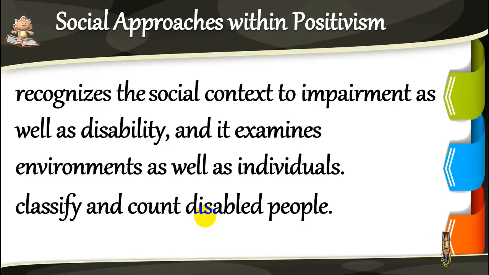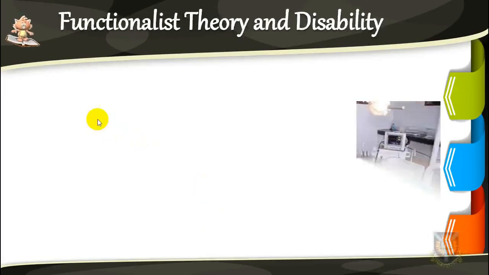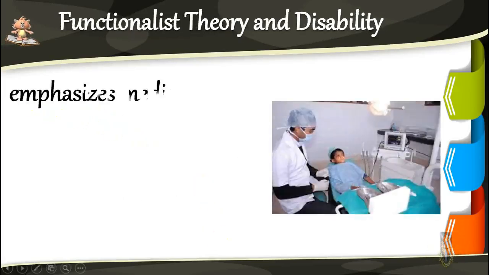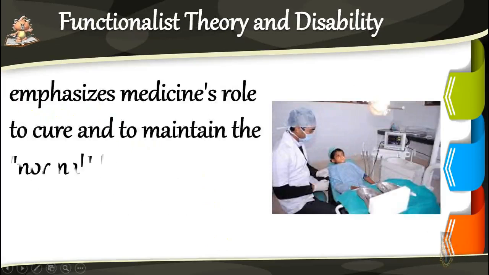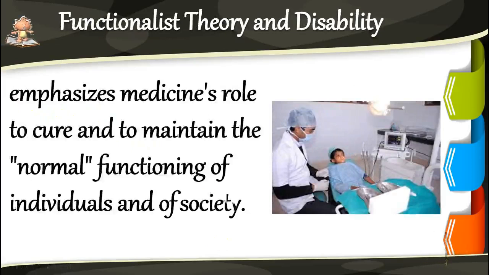Functionalist theory and disability. Influential functionalists emphasize medicine's role to cure and to maintain the normal functioning of individuals and of society. In this model, the sick role involves being compliant and wanting to get well.